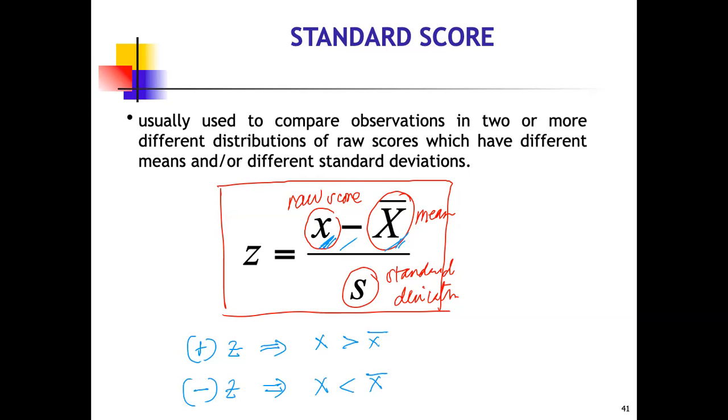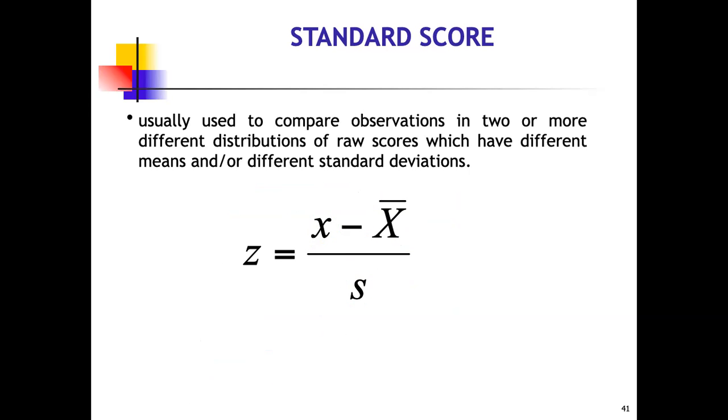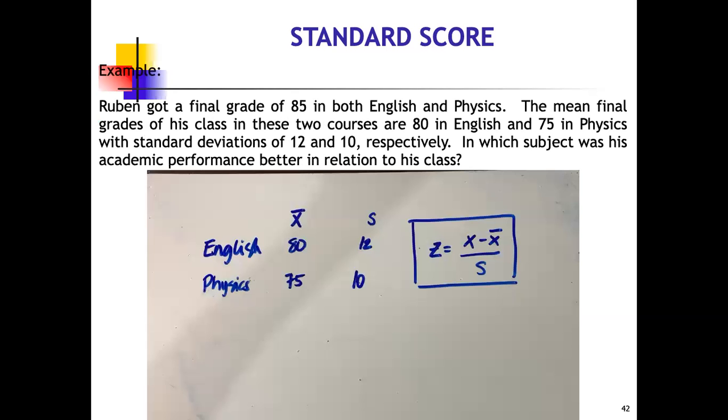Now let us illustrate the concept of the standard score, or the Z score, by this example, wherein I have embedded a video clip. However, in this video clip, there is a correction which I intend to present in a while. So kindly pay attention to this short video clip, which explains the data in this example, wherein Ruben got a final grade of 85 in both English and physics.